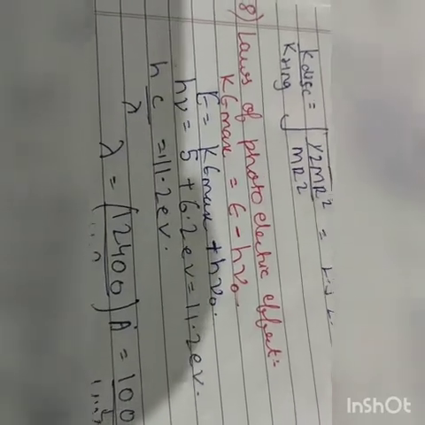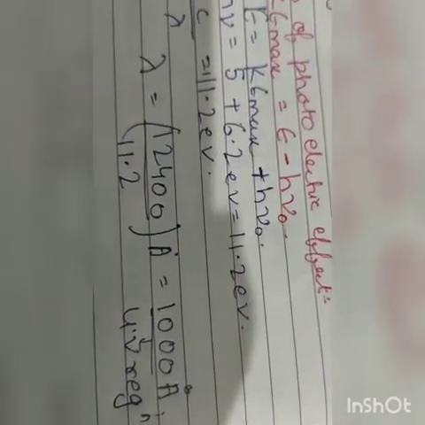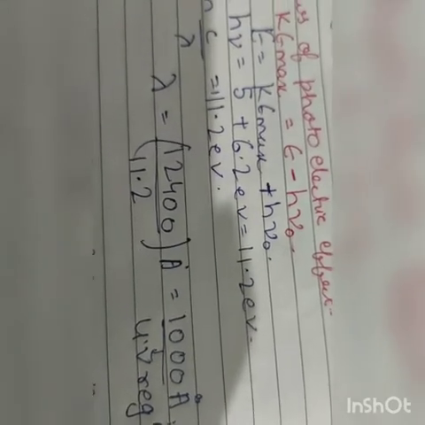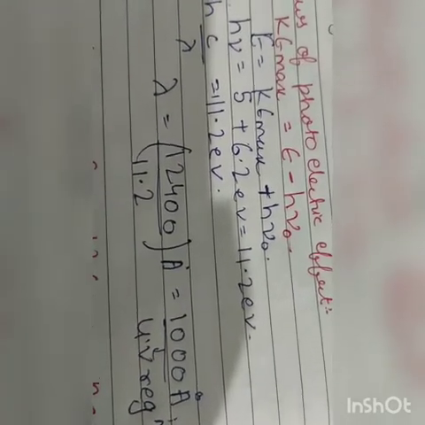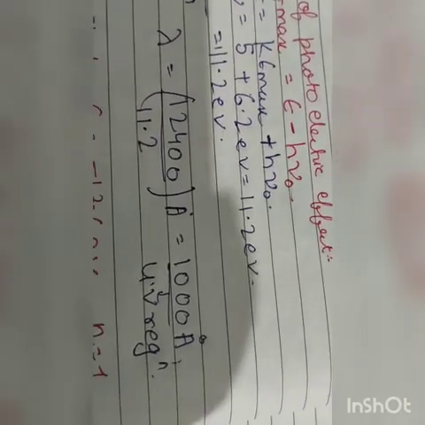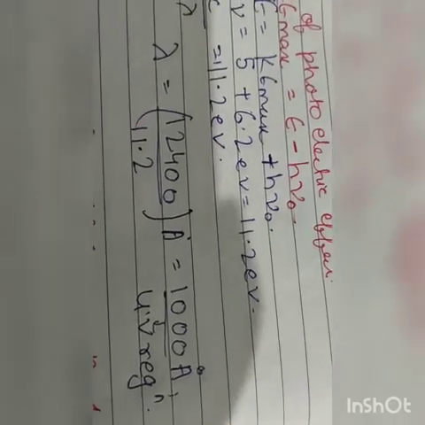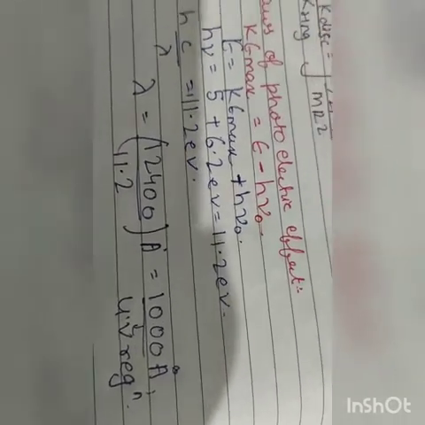So we will just substitute the values of h and c, and we will get lambda is equal to 12,400 by 11.2 angstrom. So our correct answer will be 1000 angstrom, which will lie in the ultraviolet region.